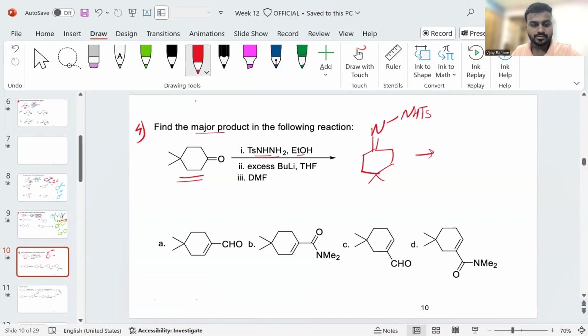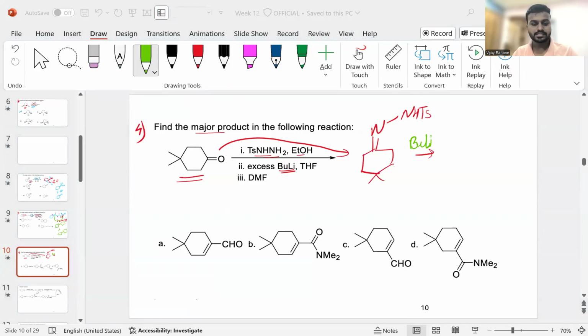Then we have added excess of butyl lithium. So this was the product of the first step. Then we have added the butyl lithium. When you add the butyl lithium, it abstracts a proton. So which proton gets abstracted?